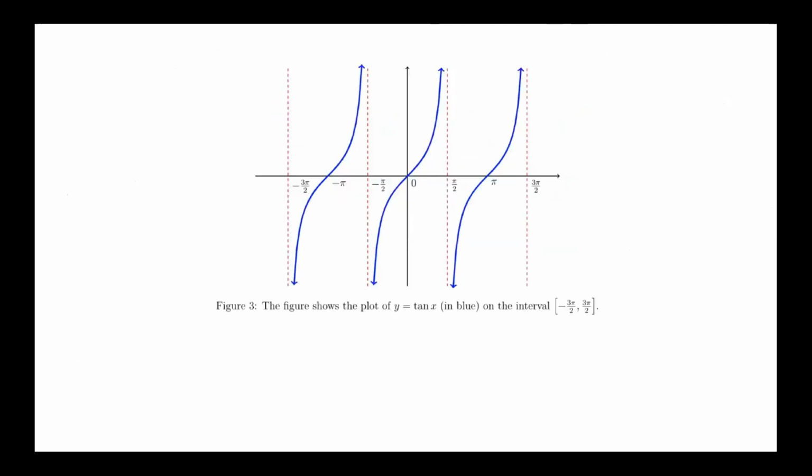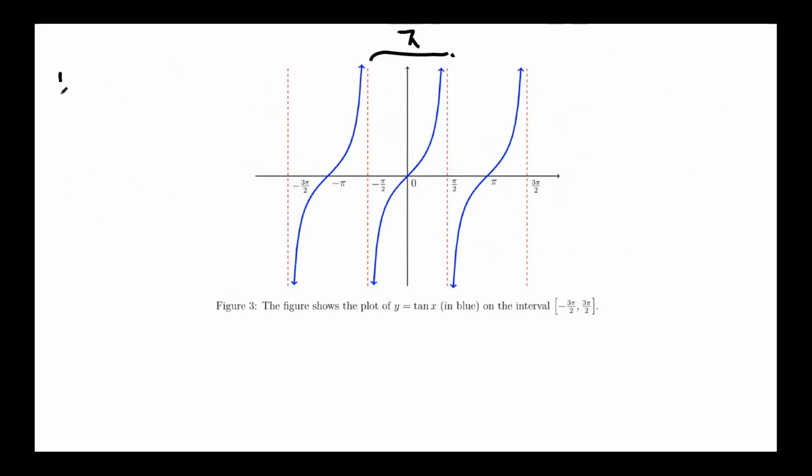Okay, and then we'll take a look at the tangent function now. So in this one, again, it's periodic. So the same shape will repeat every pi units.